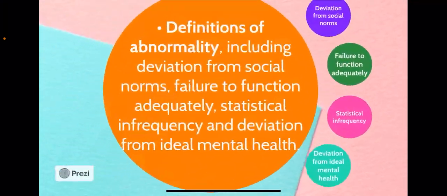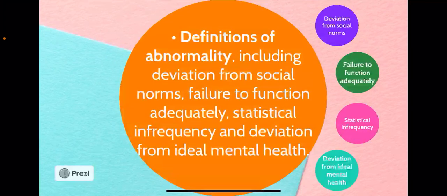Okay, so we have looked at definitions of abnormality. So that's deviation from social norms, failure to function adequately, statistical infrequency, and deviation from ideal mental health. You need to know the definitions, an example to support the definitions, and the evaluation points for each of the definitions.